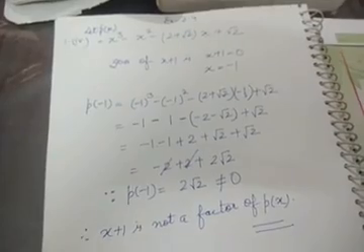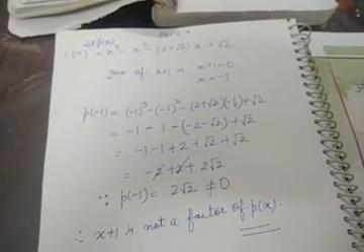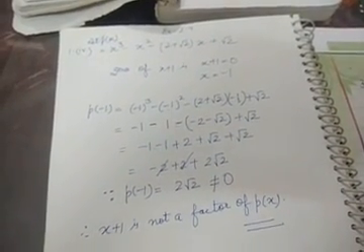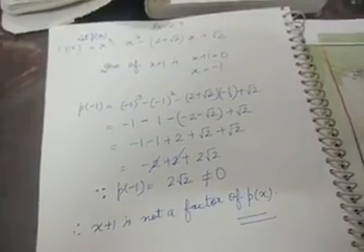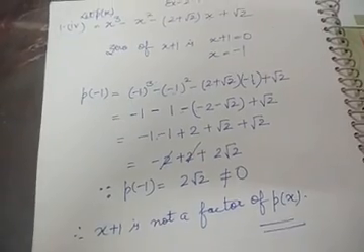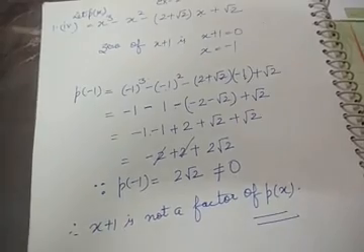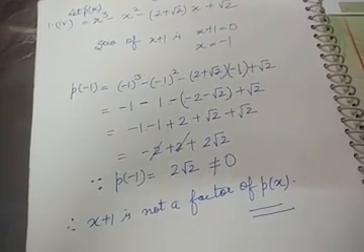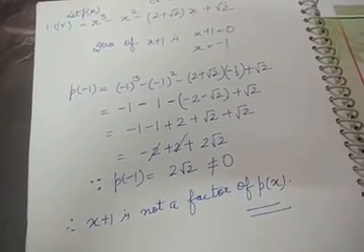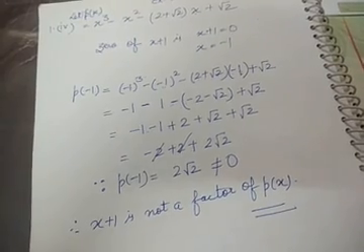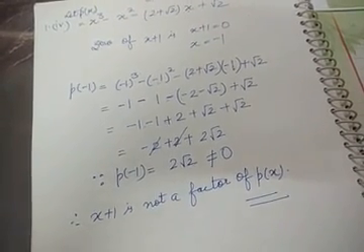Similarly, as you did in yesterday's or the day before yesterday's homework, find the zero of the divisor and put that zero in the polynomial. That gives you the remainder. If the remainder is equal to 0, then that polynomial will be a factor of p(x). Otherwise, it is not a factor of p(x).